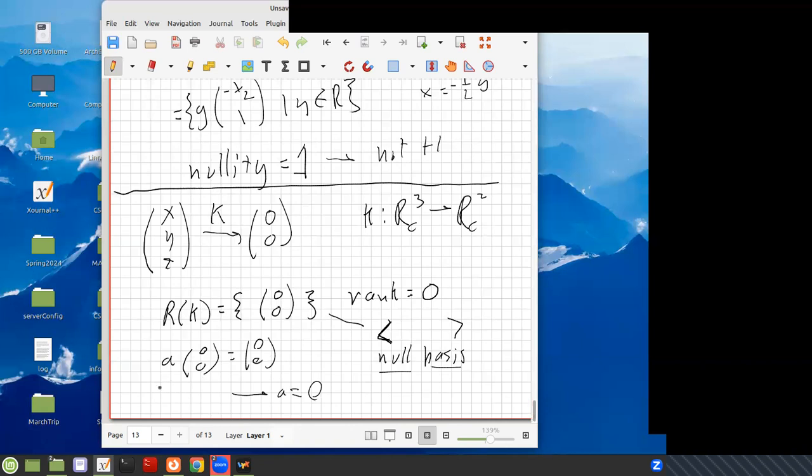No, because I could choose a counterexample, A equals 1. Therefore 0, 0 as a vector is linearly dependent. So there are no vectors, the basis can't have anything in it, so its rank is 0.